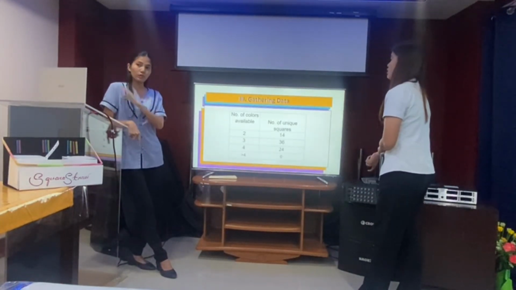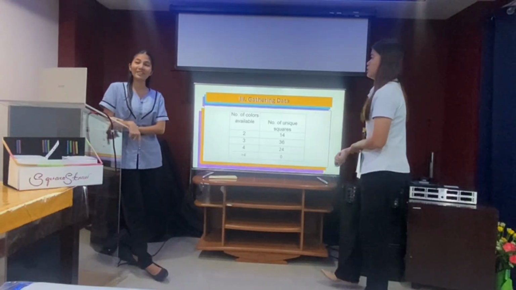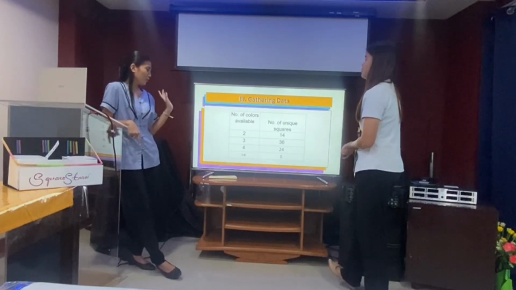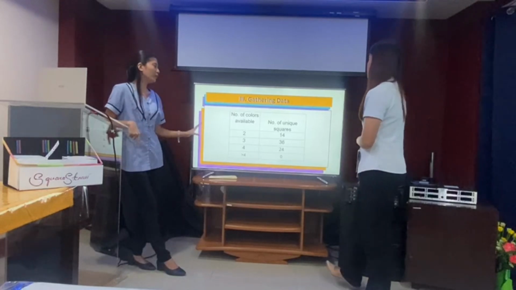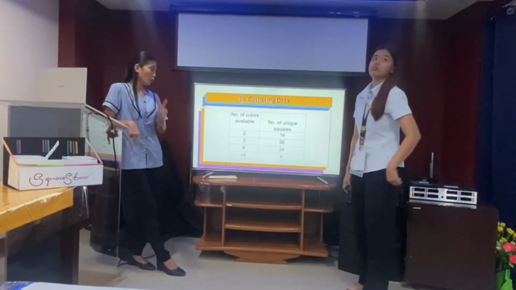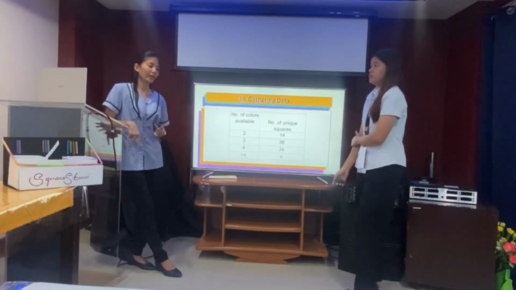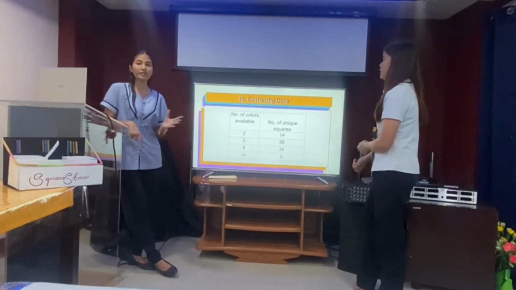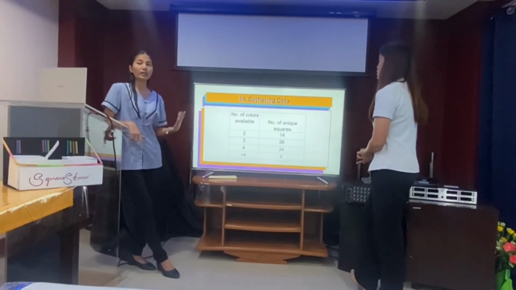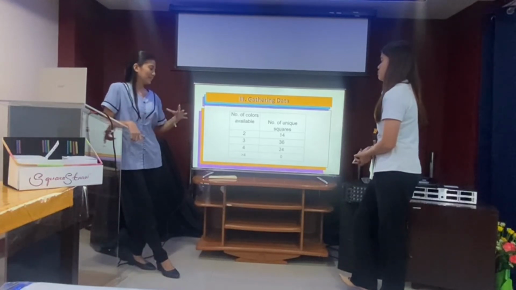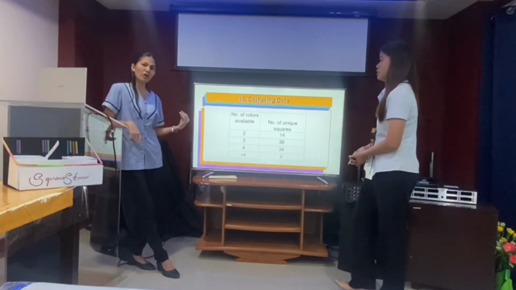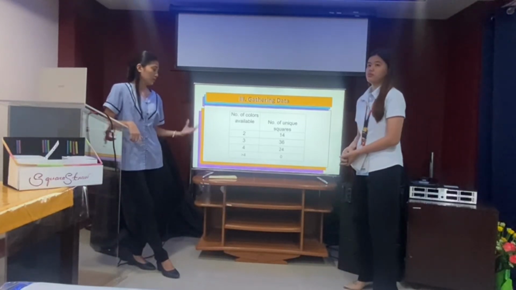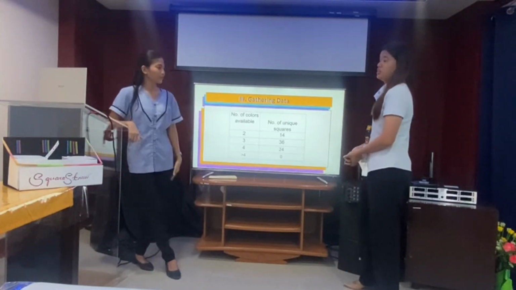We will now proceed to gathering data. Based on our investigation, if the number of colors available is 2, we will have 14 squares. If 3, 36 squares. If 4, 24 squares. And if the available colors are more than 4, 0.